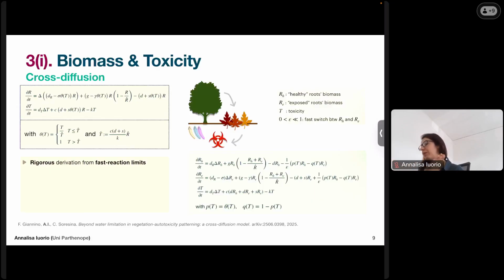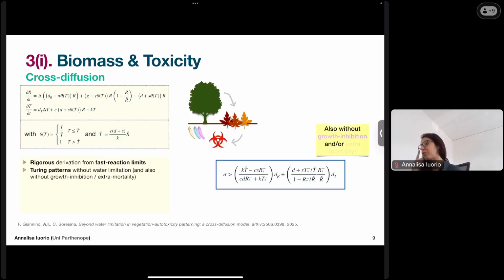So in principle, that's what I meant when I said we didn't put the cross diffusion term directly. We started from this previous level, considering these two subpopulations for the roots biomass, and then applying fast reaction limits, we ended up with this specific cross diffusion model.